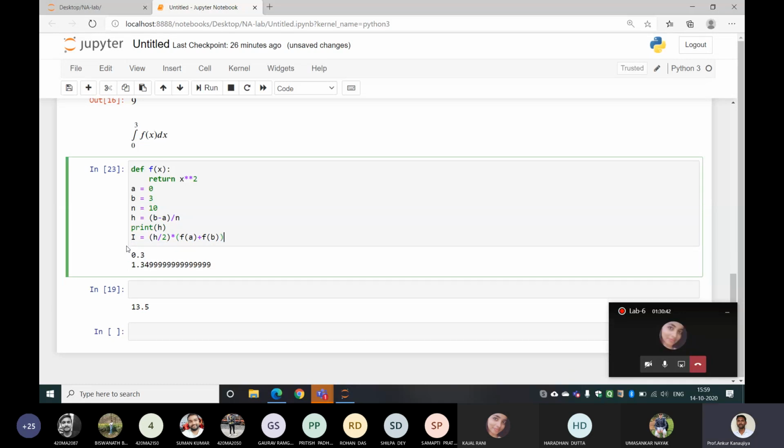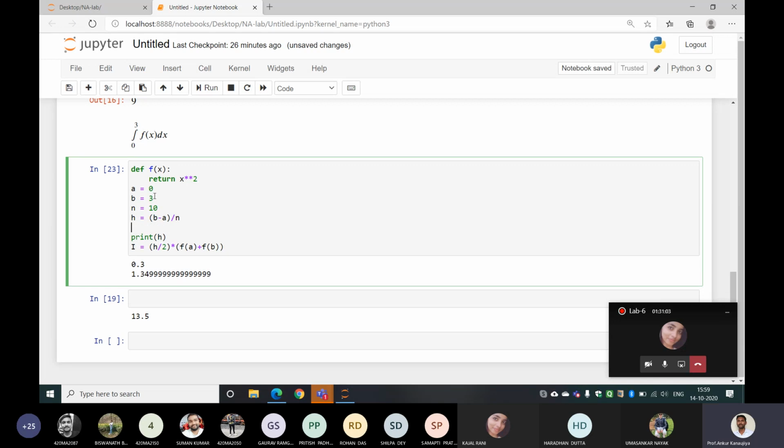So now the first interval will be 0 to 0.3, the second interval will be 0.3 to 0.6, and so on. So how to take x0 to xn? x0 will be a and xn will be b. How to do that in Python? I want x0, x1, x2, x3, x4, up to x10.